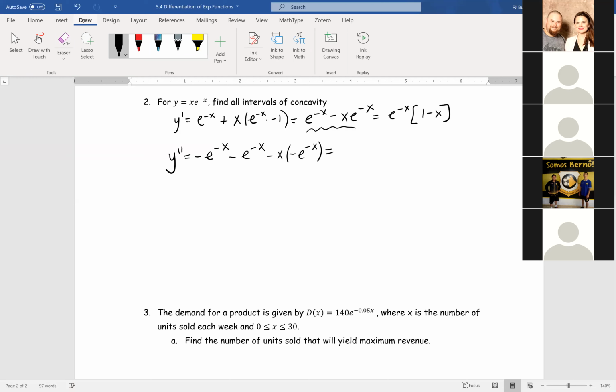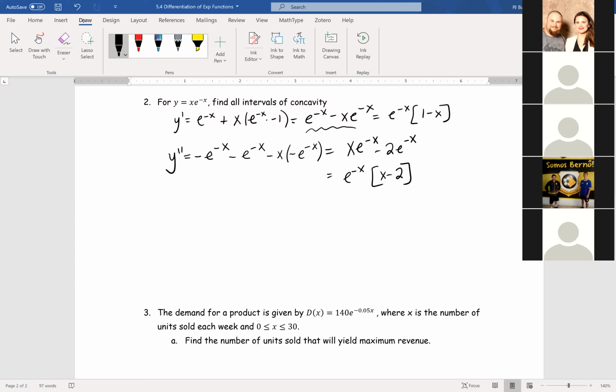So simplify that. That's going to be x e to the minus x, because this and this make a plus, and then minus 2e to the minus x. Again, I'm going to factor out the e to the minus x, and it looks like that.